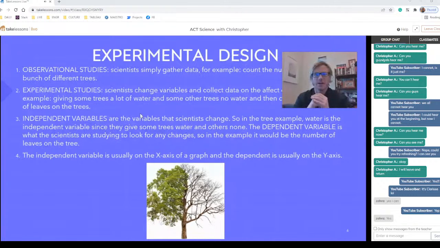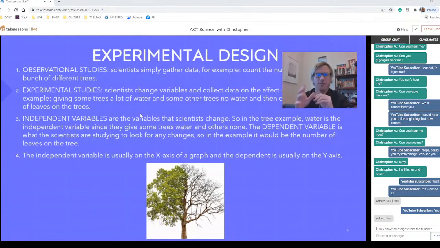Independent variables are the variables that the scientists change. In the example I gave, that's how much water. If in your study you gave some trees no water, some trees 1 liter, and some trees 2 liters, that would be the independent variable.